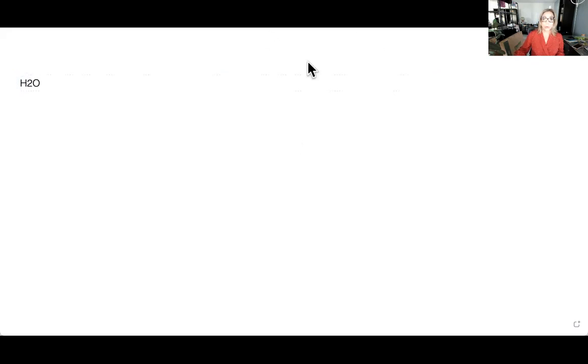This is what it will look like in a chemical reaction. That arrow means a chemical reaction is occurring. After water breaks up, you are left with a hydrogen ion, H+, plus a hydroxide ion. The hydroxide ion has a negative charge. It took that electron from the hydrogen.